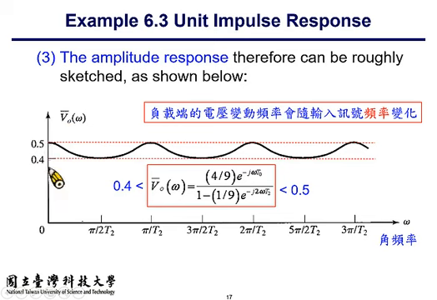Another thing you should note here is that at a DC condition, for an incident wave of very low frequency, you also reach the maximum of 0.5.